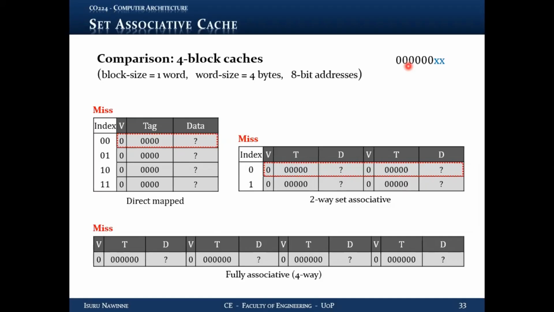Then the other way that you can have a miss is you have referenced an address, brought it from memory to cache, then due to bringing another block and replacing that particular old block, if the old block is referenced again later, you can have a miss. Those type of misses are called conflict misses, right?